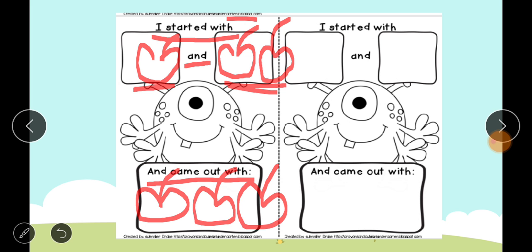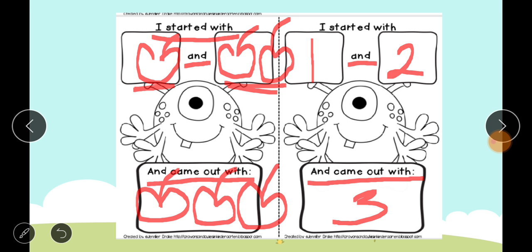Now what I have here as a picture, I can represent as numbers. I started with 1 and 2 and came out with 3. This "and" here means plus, okay? I started with 1 plus 2 and came out with 3.